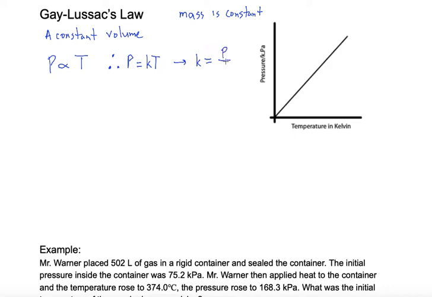When we rearrange it, we get P divided by T equals K. If we're at one set of conditions, changing the pressure and temperature still has to equal the same K value for that gas. So we tend to use Gay-Lussac's law when we are comparing two different conditions.